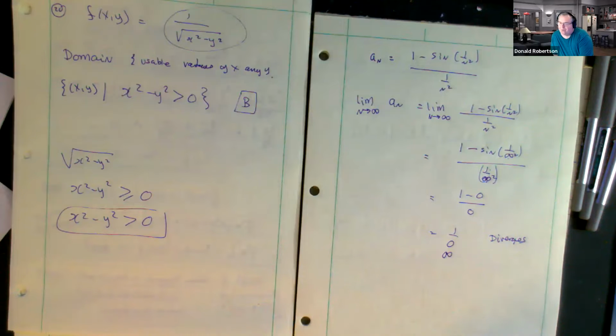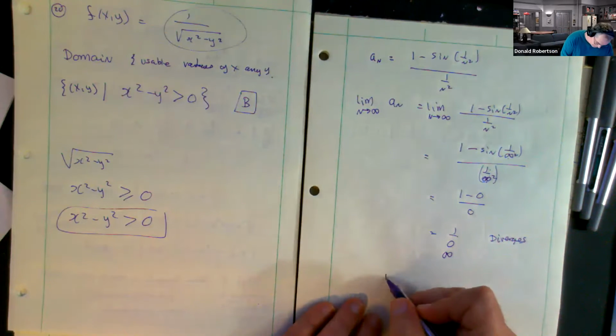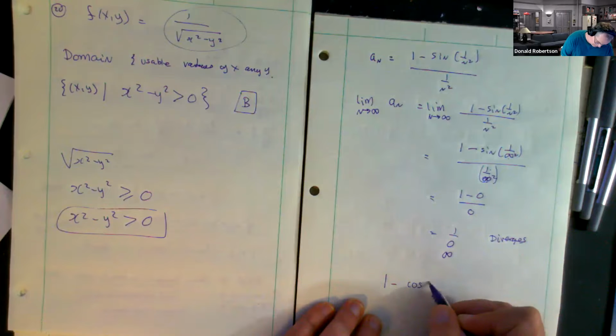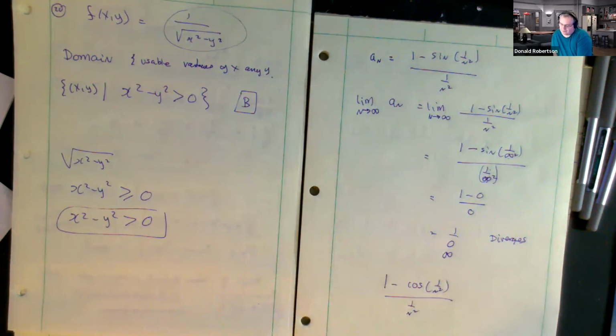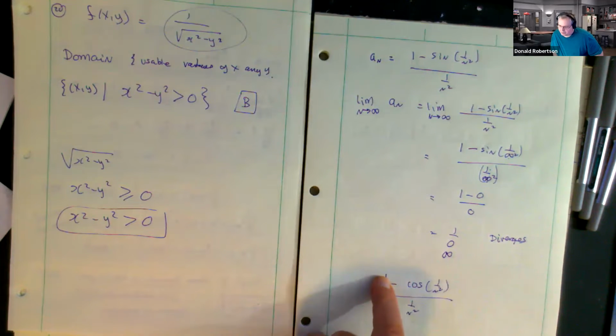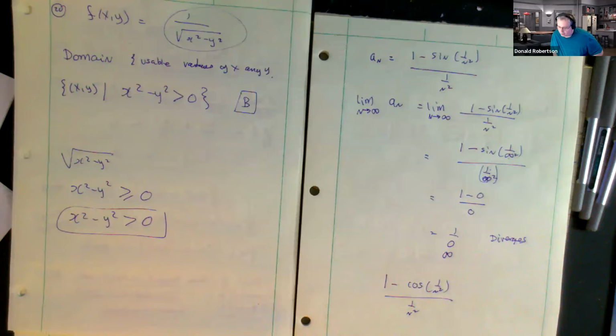It diverges. Now, if it had been that guy, cosine of 0 is 1. 1 take away 1 is 0 on the top. 1 over infinity squared is 0 on the bottom. So that could have been done using L'Hopital.